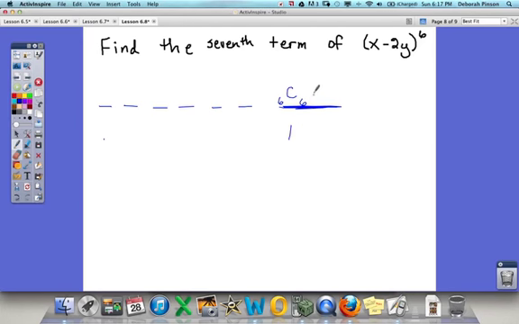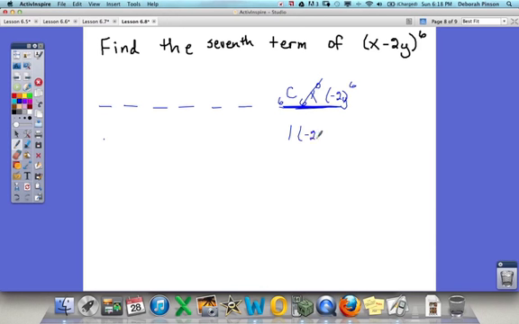Okay, in terms of my x, I will have x to the 6th, 5th, 4th, 3rd, 2nd, 1st, 0, or not even there. Now with my -2y, I'll have -2y, not even there, to the 0, 1, 2, 3, 4, 5, 6.